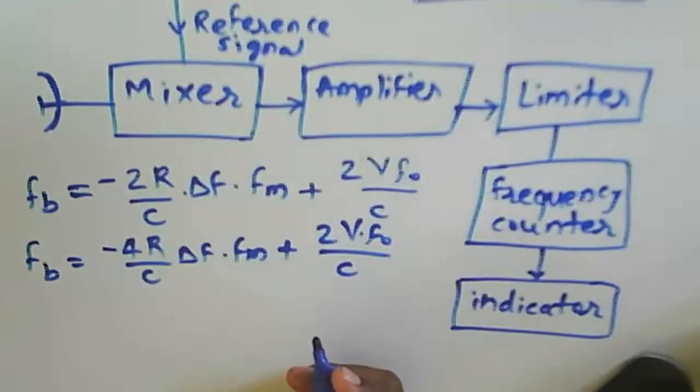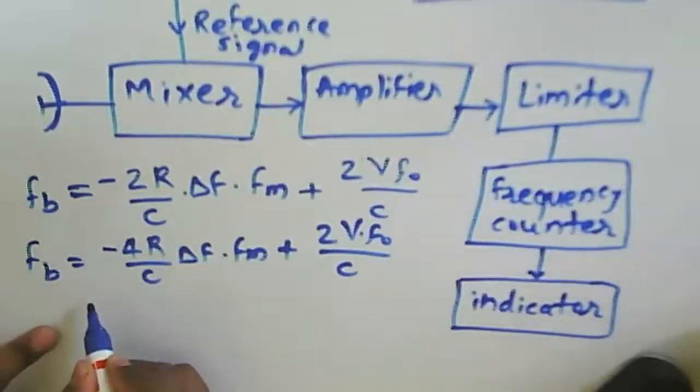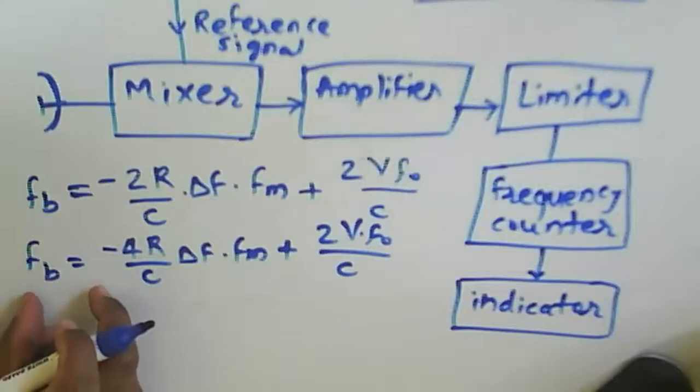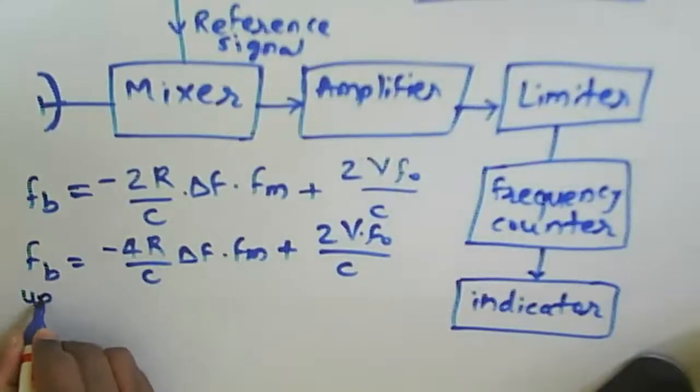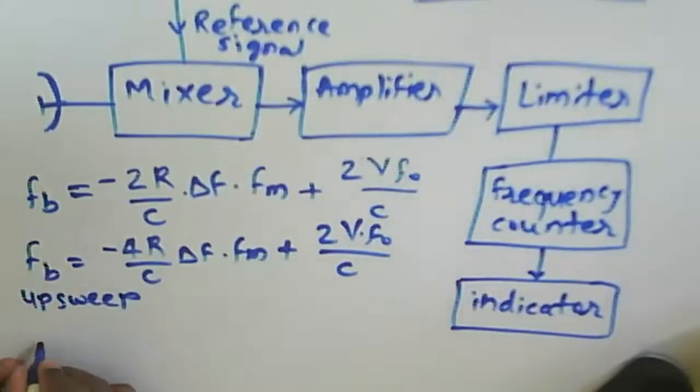Now in this particular case, that FB we are getting is for the triangular, in which there will be the upsweep, and FB for the downsweep will be defined.